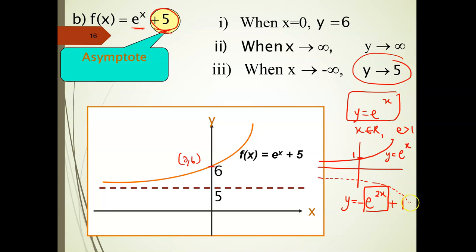Then this whole dotted line will be plus 1, so your graph will be moving up here. But it will not touch this horizontal line because this is your asymptote. So you will have the graph here. You can refer to the previous example just now.